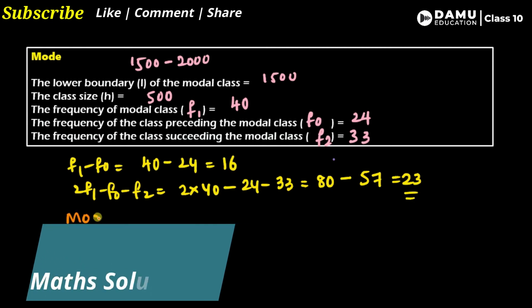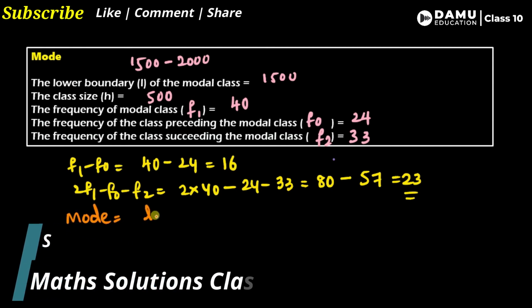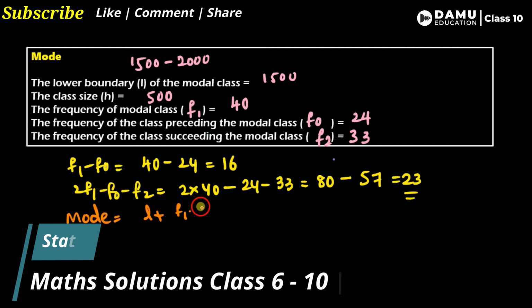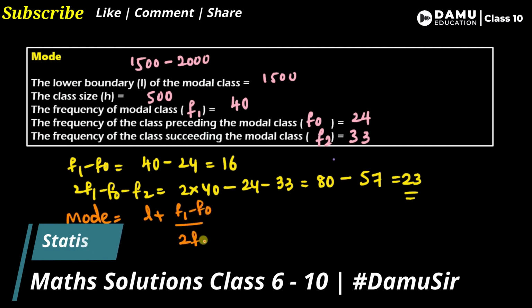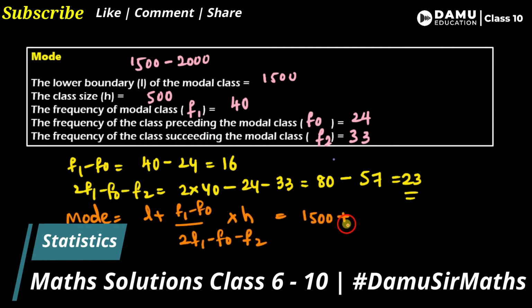So the mode is L plus (F1 minus F0) by (2F1 minus F0 minus F2) into h. L is the lower boundary, 1500, plus 16 by 23 into h, which is 500, the length of the class.